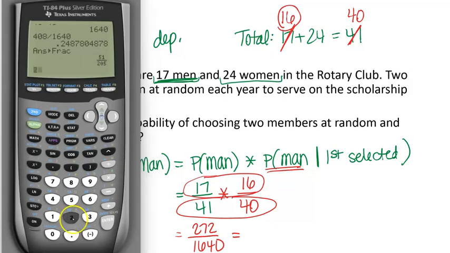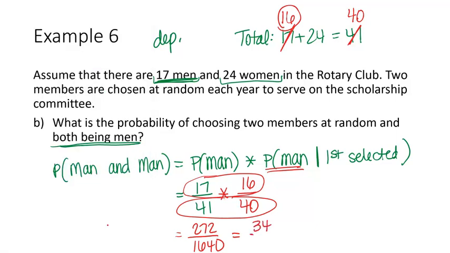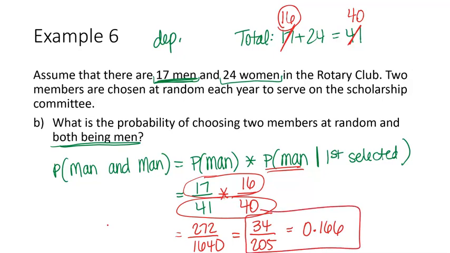And then let's let our calculator do some work for us. Math fraction. It gives me a result of 34 out of 205. Which if you divide as a decimal would be 0.166. Final answer.